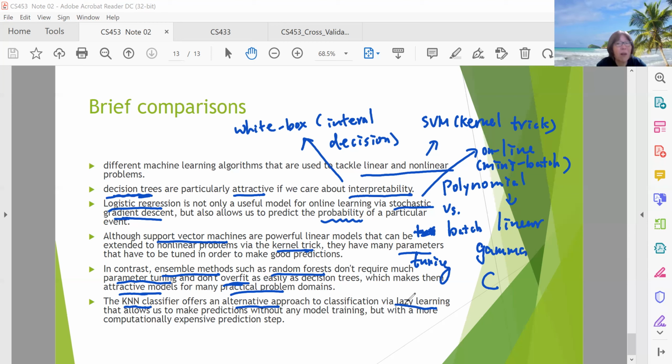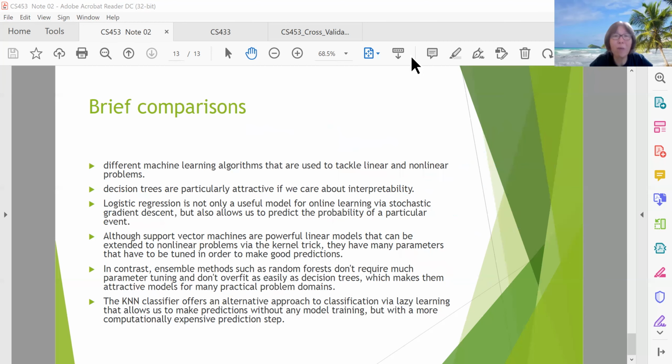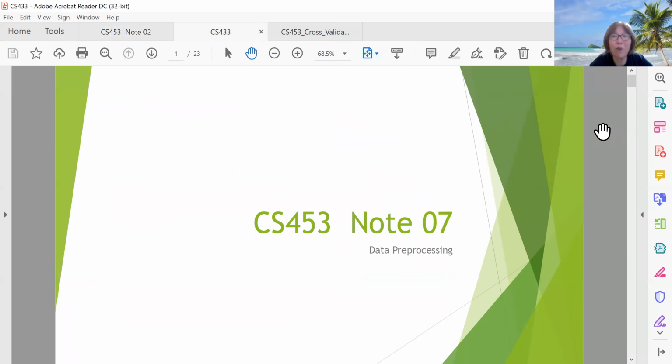If you get some data and you have no clue, because it's not categorized well, then KNN is also quite helpful, but computationally speaking, it's expensive. So that's the overall comparison among the algorithms that we have learned so far.